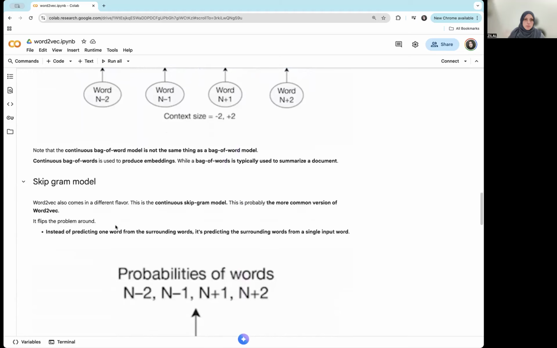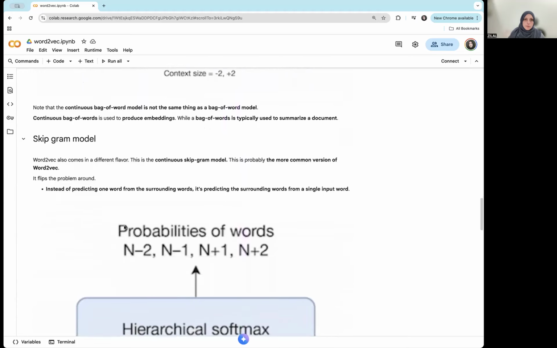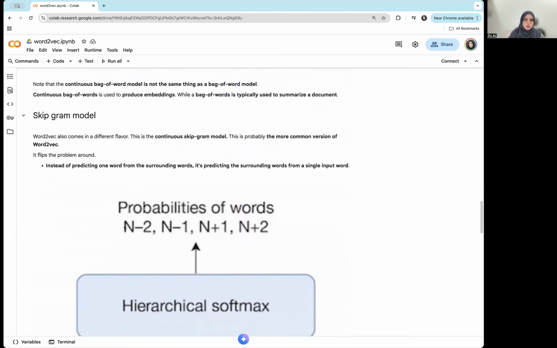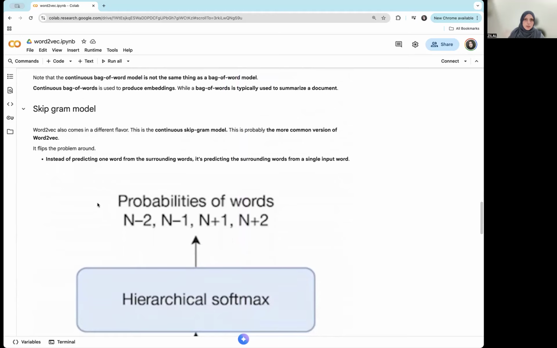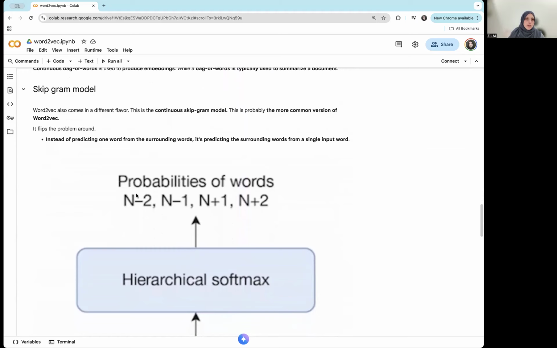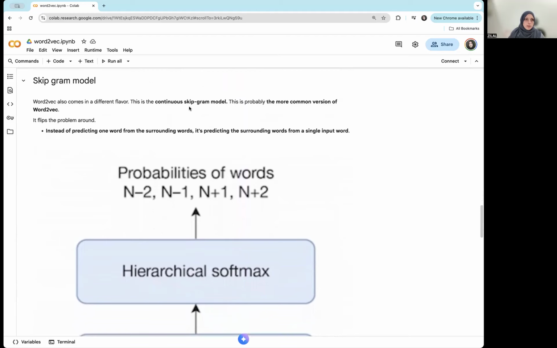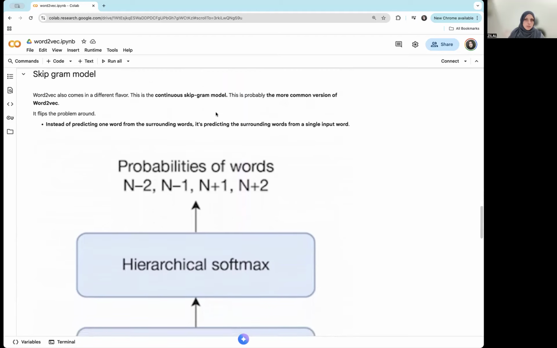Note that the continuous bag of words model is not the same thing as the bag of words model. Continuous bag of words is used to produce embeddings, while a bag of words is typically used to summarize a document.